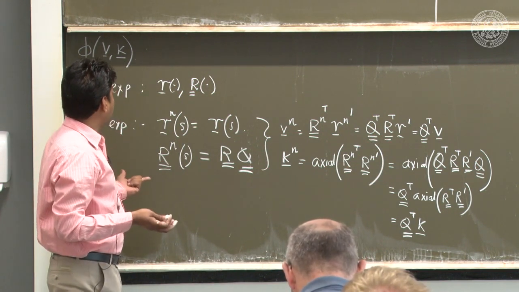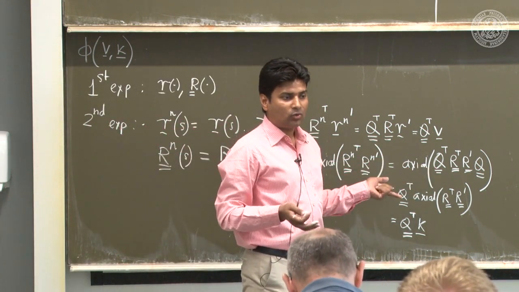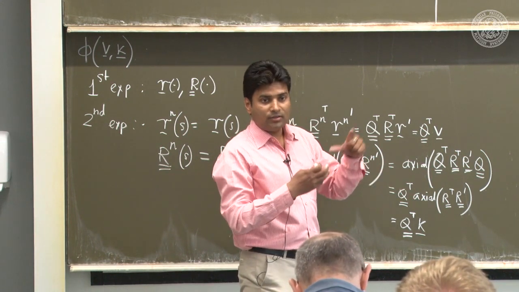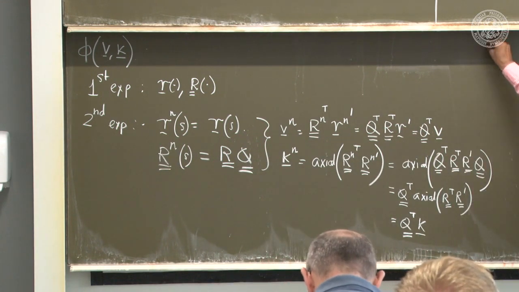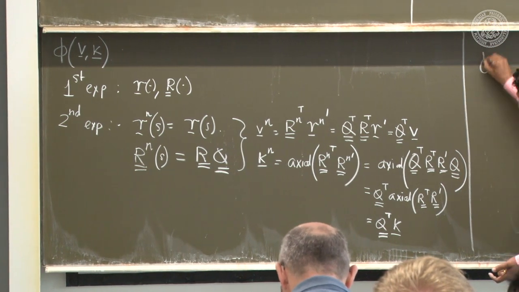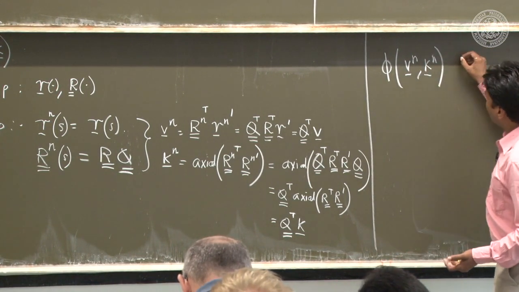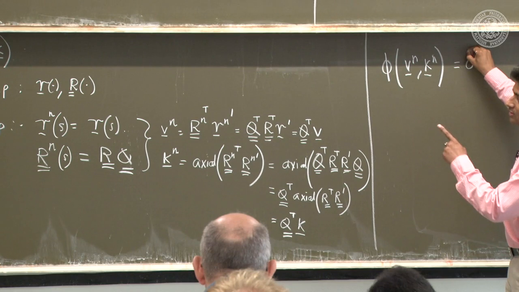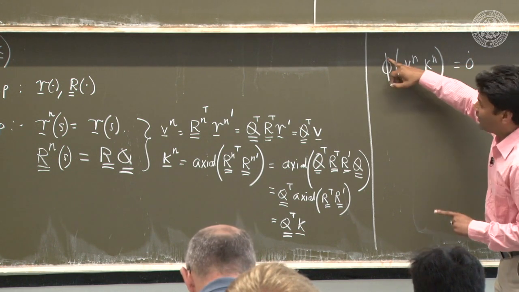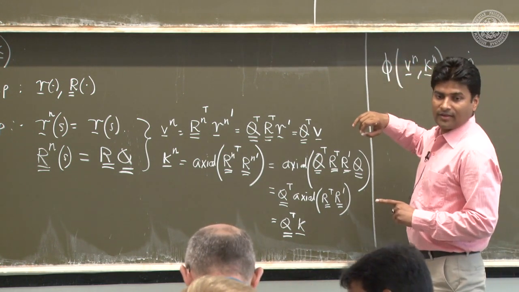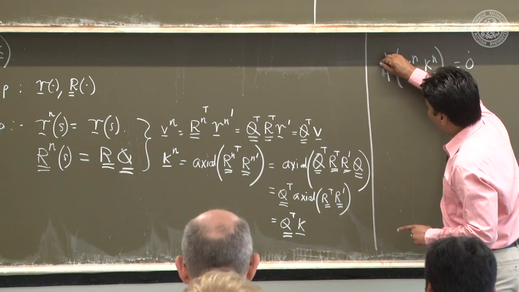And then we apply symmetry. Since this rotation Q is in the symmetry group, what can we say about energy in the two cases? They have to be the same. So what this tells us is that phi of V new comma K new is equal to, oh, we had psi, not phi, isn't it? For energy we were using psi. So we'll use psi.